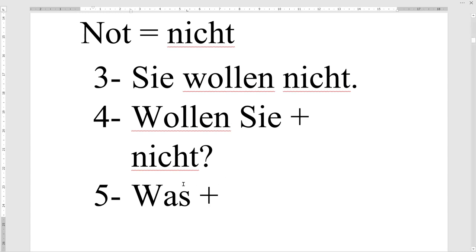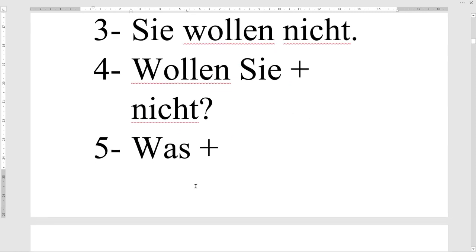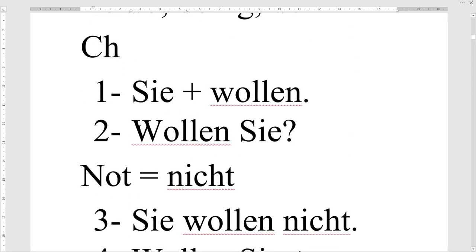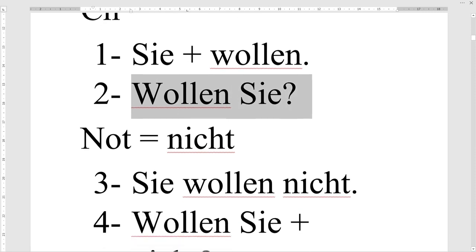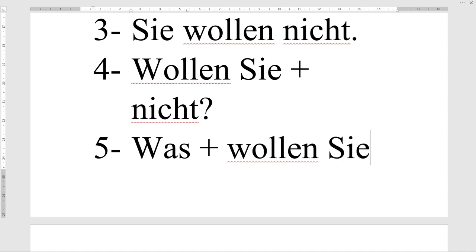What you need to remember here is that after was, which means what in English, we need to use a sentence which has already been changed into a question. Now remember, was must be followed by a verb here. This is wollen Sie, sentence number 2. So was plus wollen Sie is sentence number 5, which means what do you want?